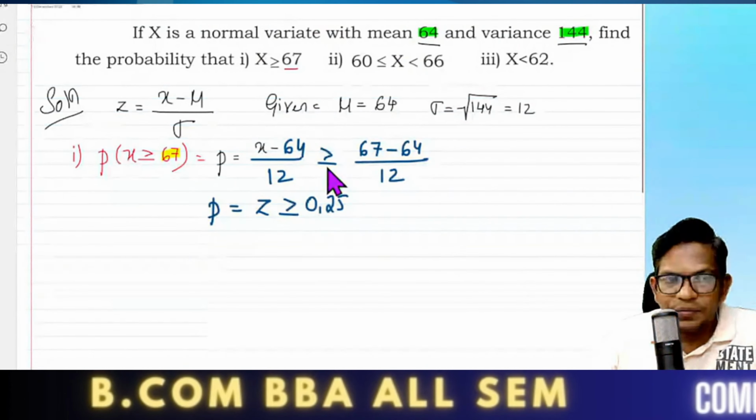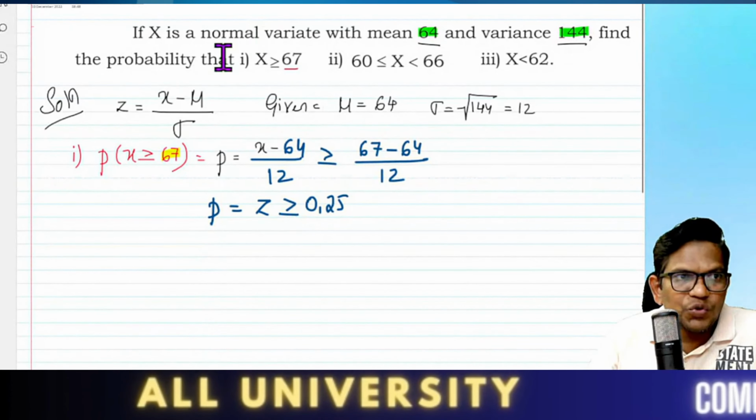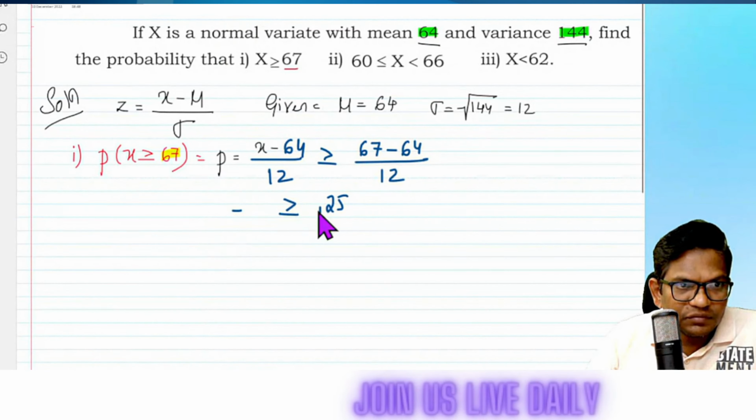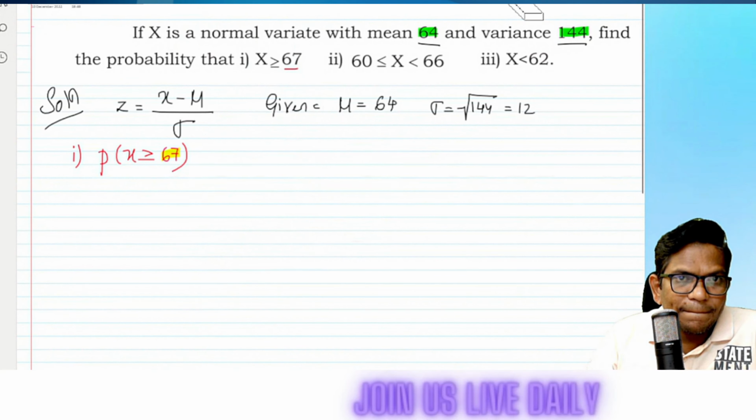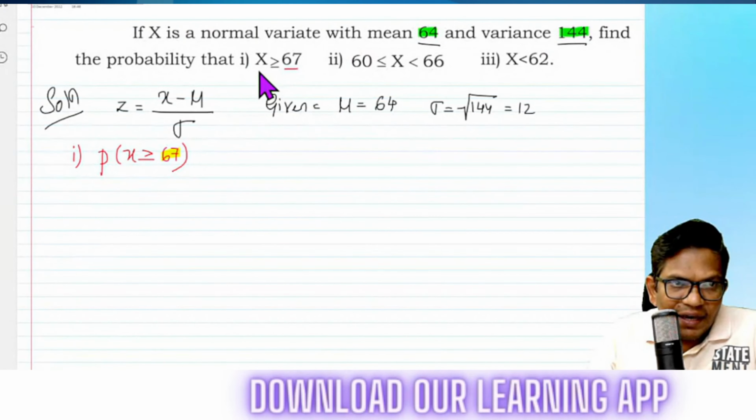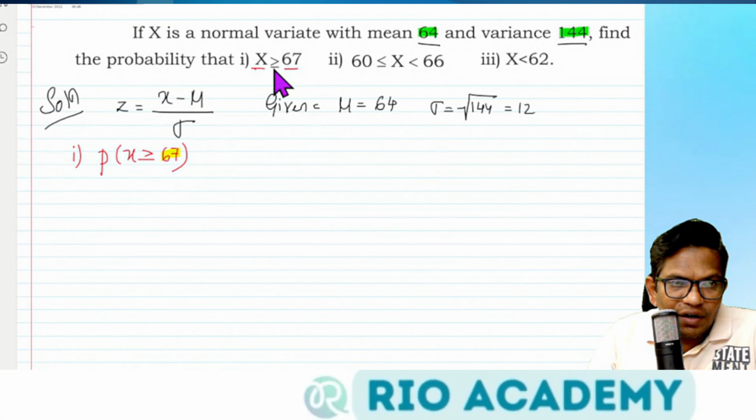Sir, can you explain that step once more? Which one? That P is equal to X minus 64 by 12. Okay, just have a look. What do they want us to find? X greater than or equal to 67.